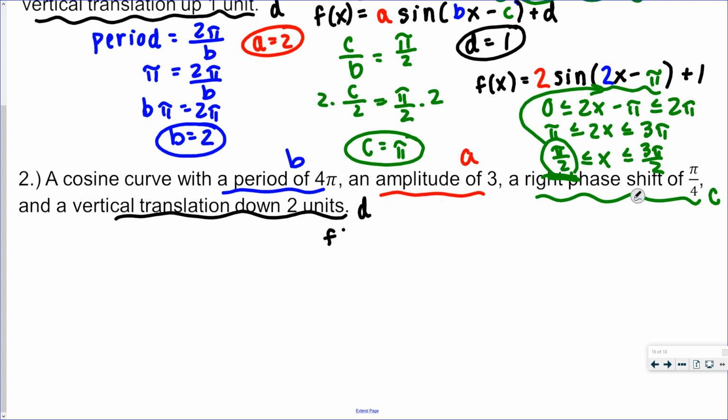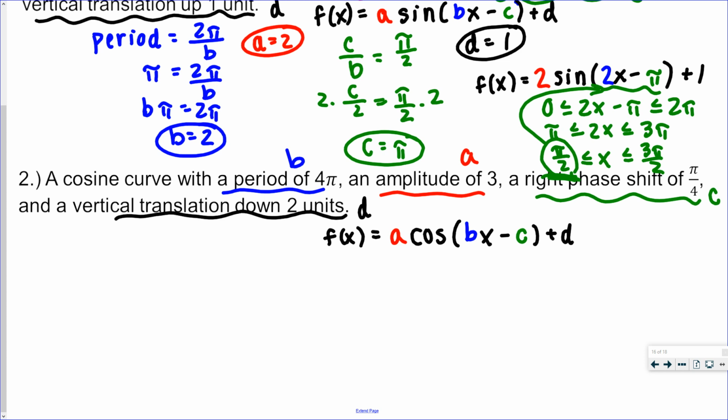Okay, so this one's cosine, but the equation is exactly the same as that sine one, where I have A times cosine of bx minus c plus d. I'm going to start by reading this problem through again, picking the information left to right.